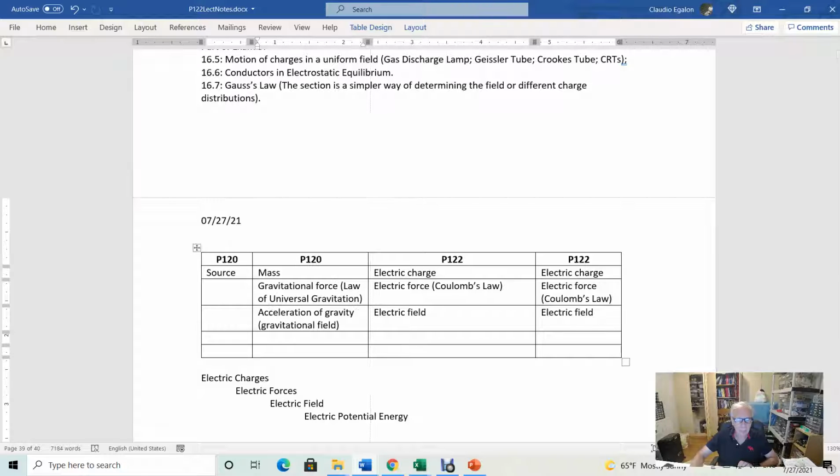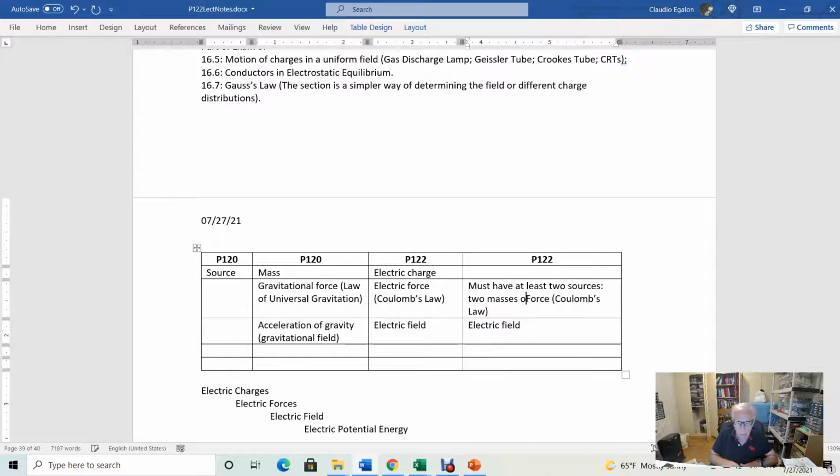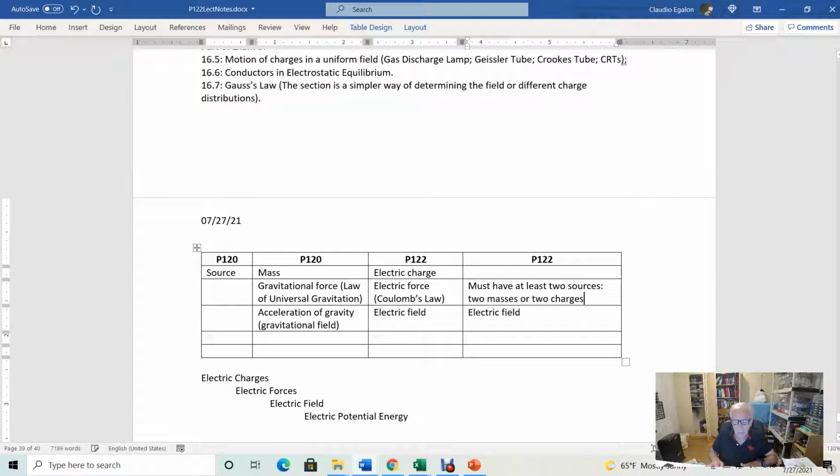At least one source, right? In order for a force to exist, a gravitational or electric force to exist, you must have at least two sources, two masses or two charges.